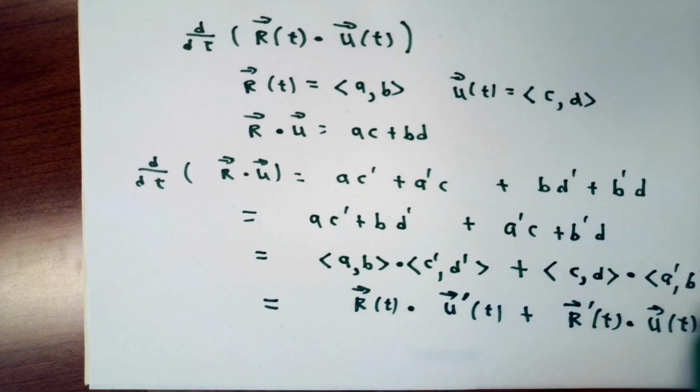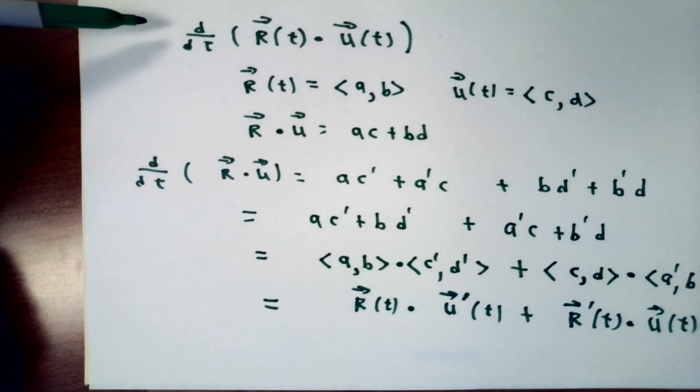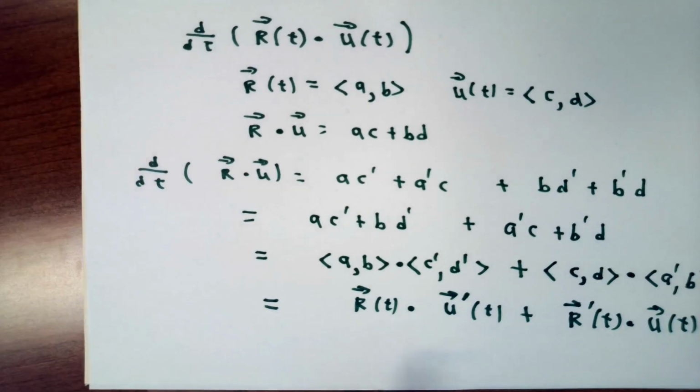I wrote these backwards. That's perfectly okay because a dot product is commutative. This shows me that the derivative of r dot u is the first function dot product with the derivative of the second one plus the derivative of the first one dot product with the second function. It's just like the product rule from Calculus 1, except these are not number functions.